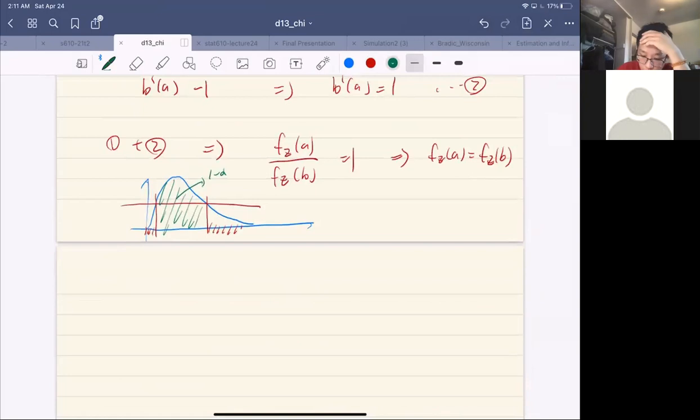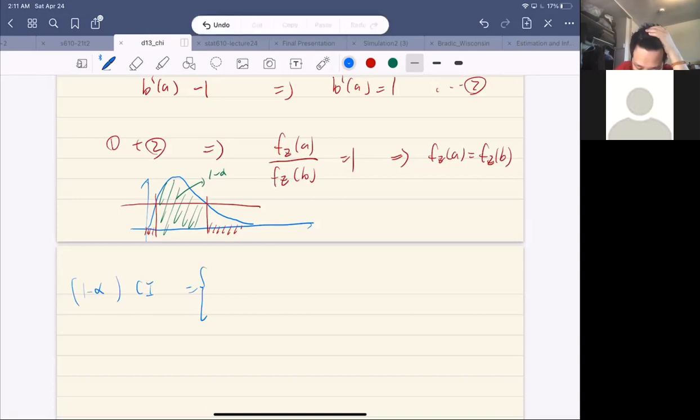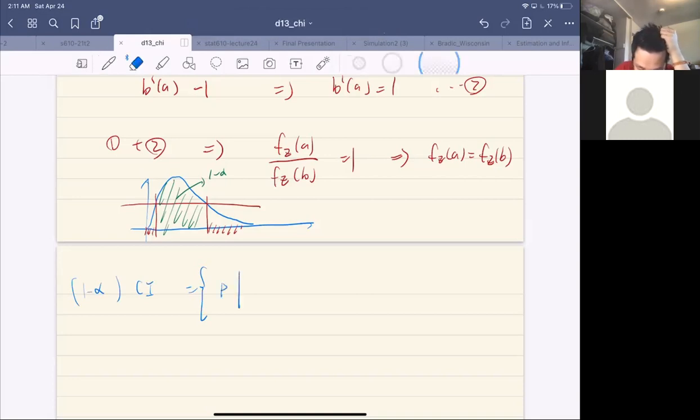So the answer will be the 1 minus alpha confidence interval is equal to, you can say, look at this. We connect the p, and the p should be equal to this and this, these two are the same.